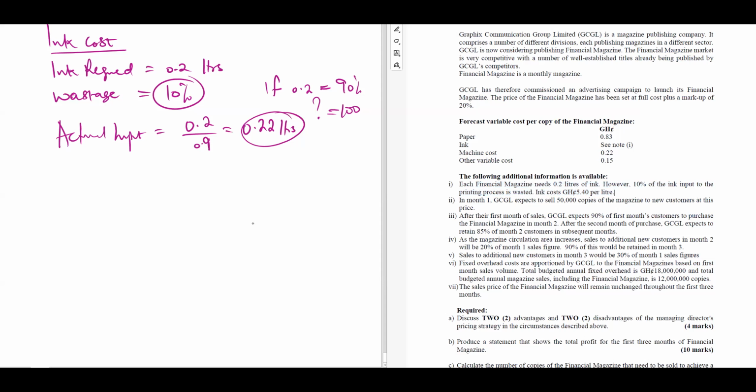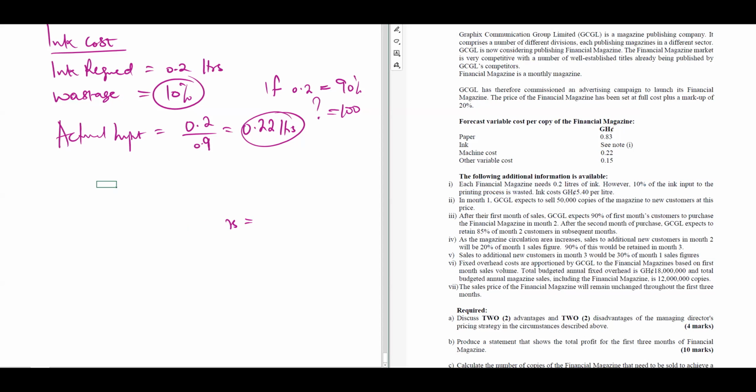Okay, if 5.4 per liter, then 5.4 per 1 liter, right? But we need 0.22 liters of ink. So that will cost how much? Do you guys get me?